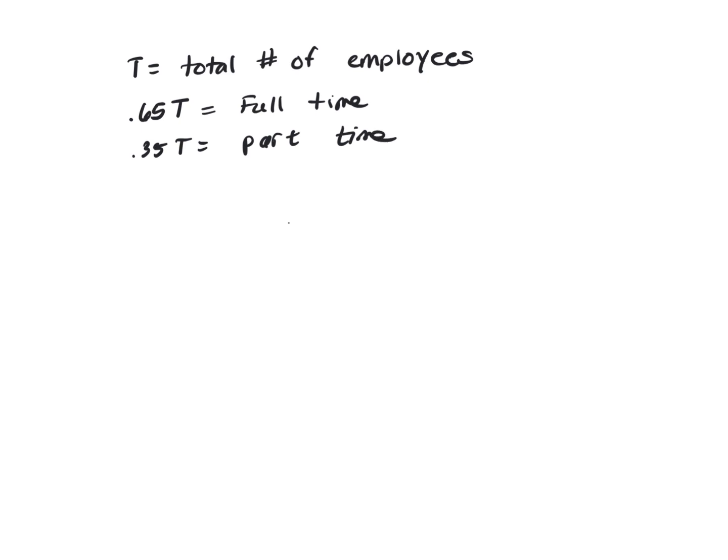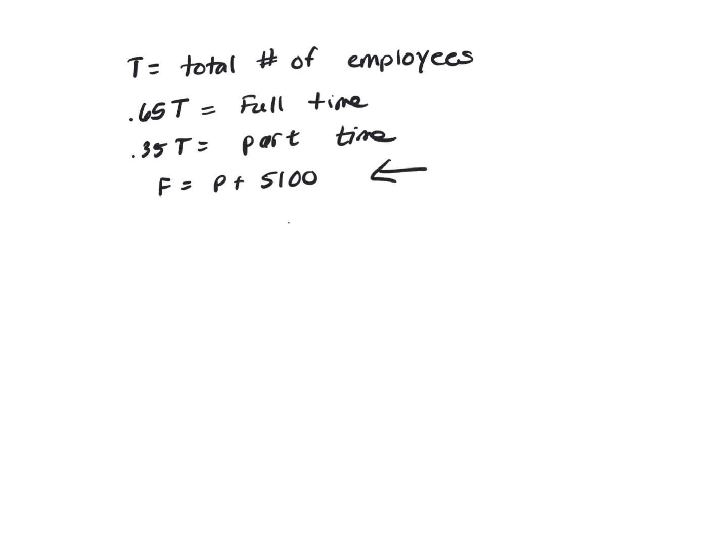And the other thing that they give me, they say 5,100 more full-time employees than part-time. So full-time is part-time plus 5,100. Okay, so let's see what we have here. Let's just plug information into this equation.